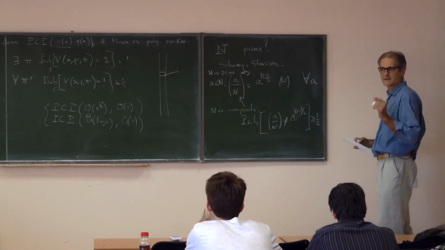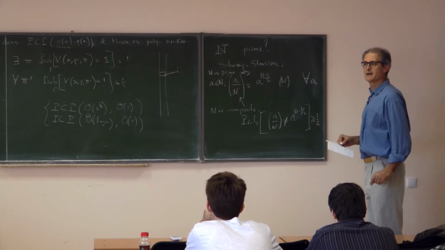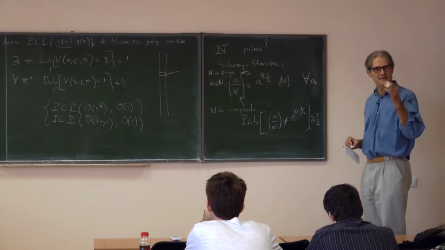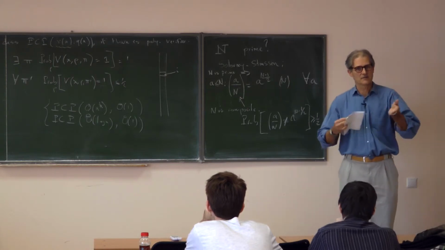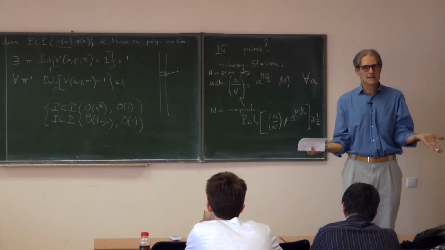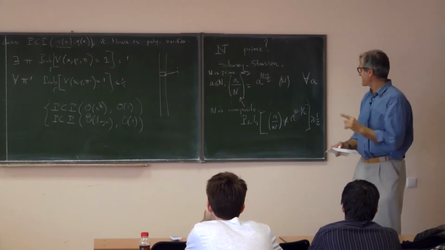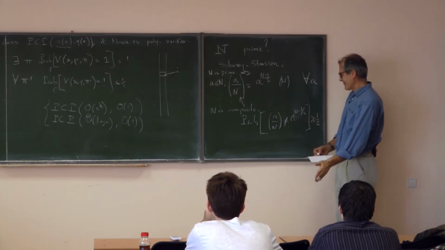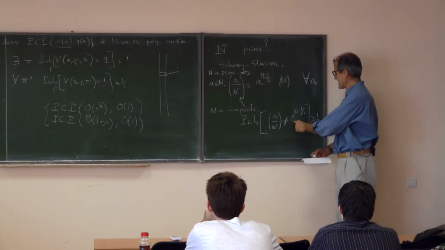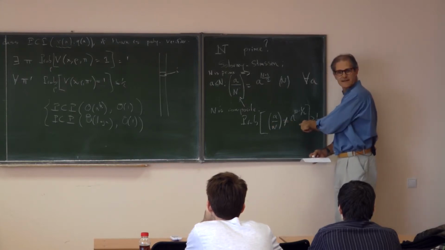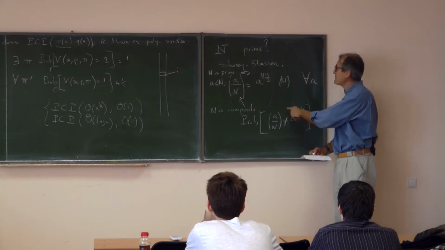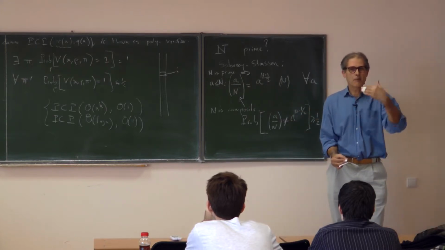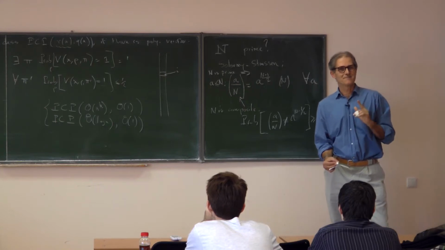This is essentially what the Solovay-Strassen test does: it picks random a's, because otherwise there would be too many, and then it checks this identity. If it finds an a such that they differ, it says composite, and if it's always equal, then it says it's probably prime.